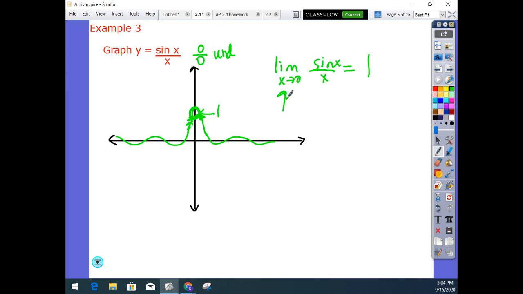So when you find the limit, this ends up being the y value that it's either exactly or close to. That's the big idea for this section. The y value that the graph or the values are close to.